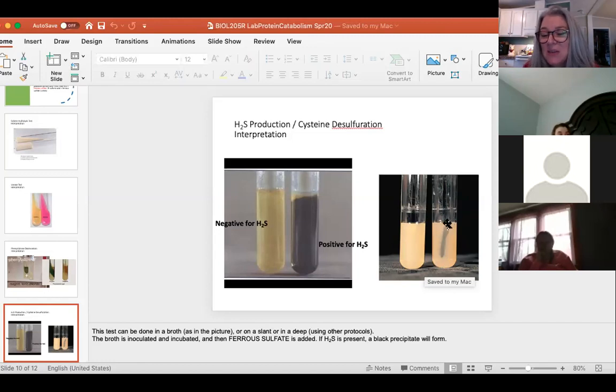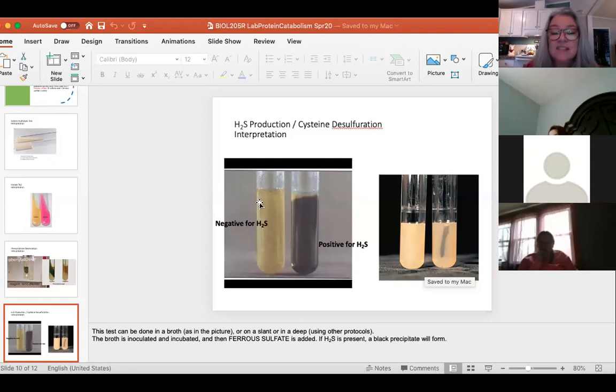You can see where that wire was stuck down into the agar with the bacterial cells. And you can see that as the cells grew in that little poked area, once we added the ferrous sulfate, we produced hydrogen sulfide. That's the black color.